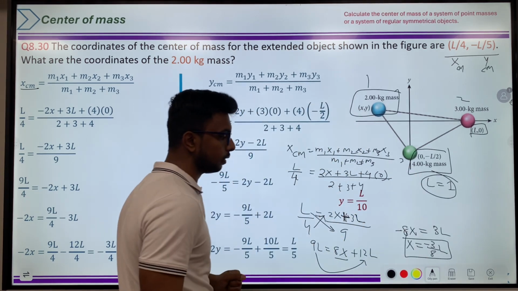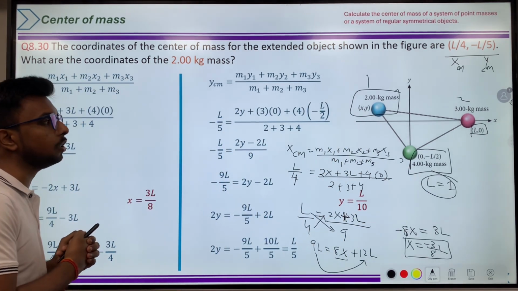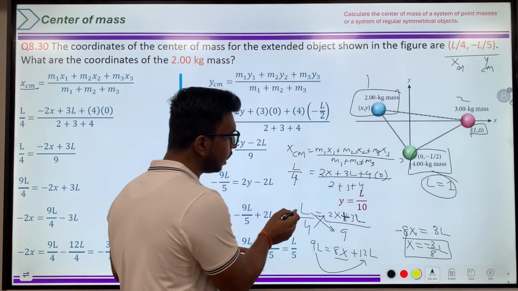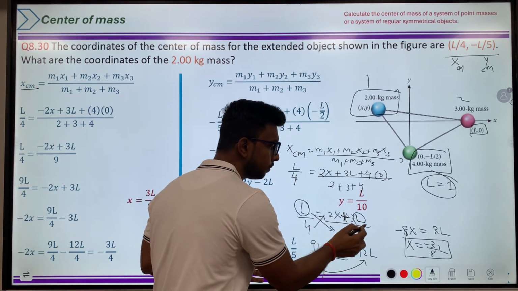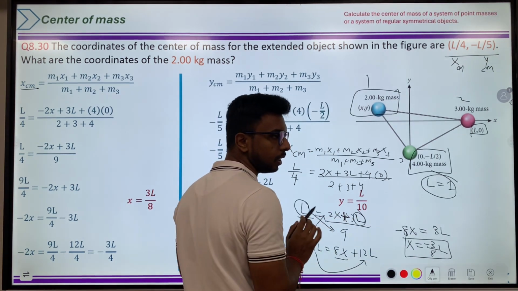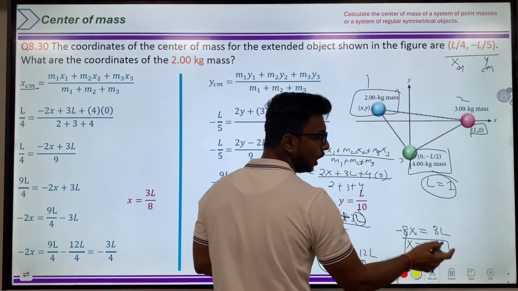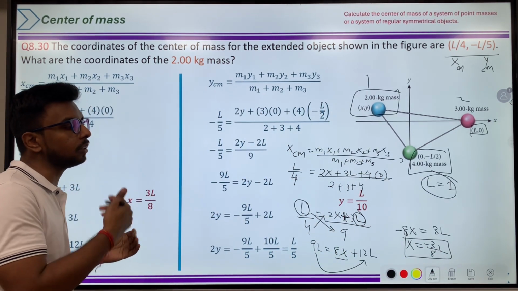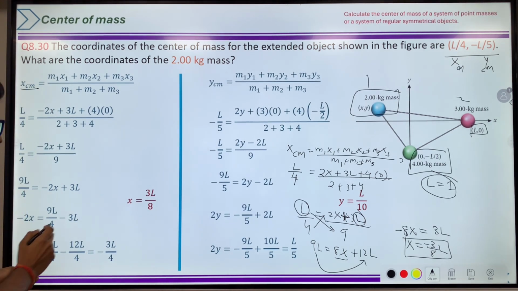This is the value of x. You have to just rearrange the equation to find the value. And if you are not able to do that, then assume L to be equal to 1 and then get the result. Whatever the result comes, let's say minus 3 by 8, and then put the value of L because you had assumed that L was equal to 1. So that's how you can basically change it.